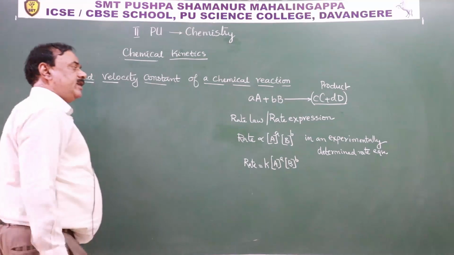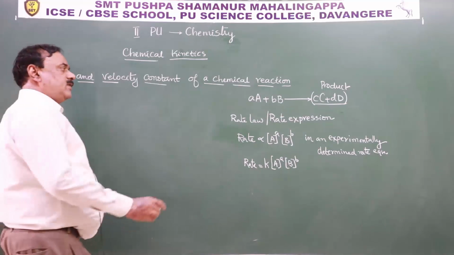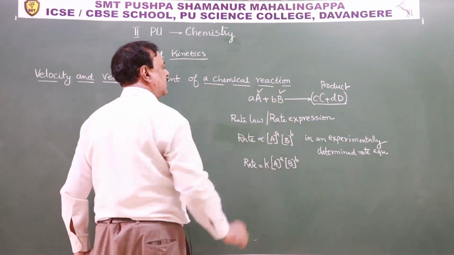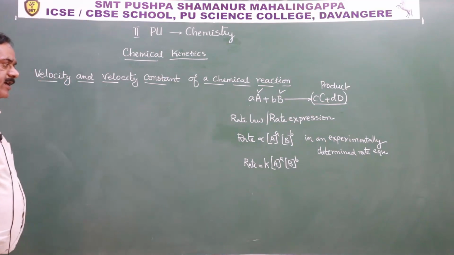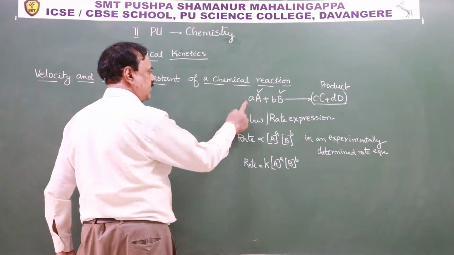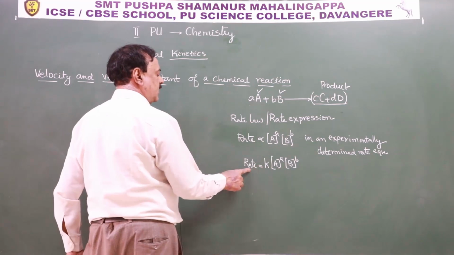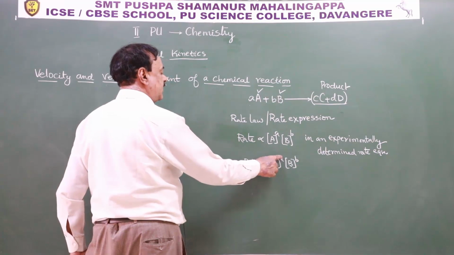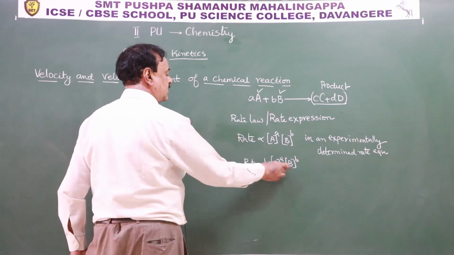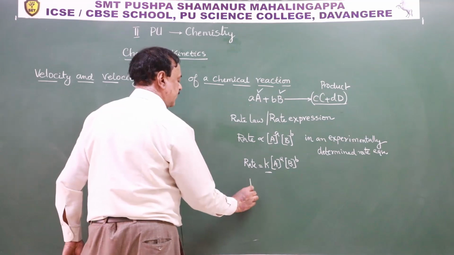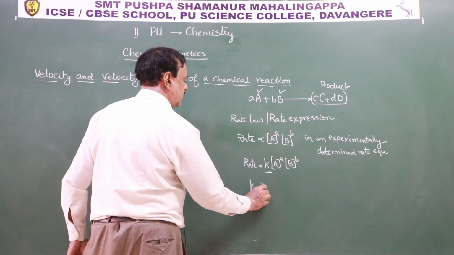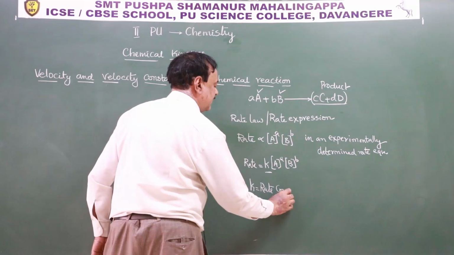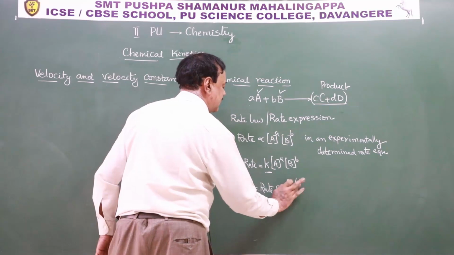In elementary chemical reactions, if the reactants possess coefficients a and b, then the rate equation for the above chemical equation is given by: rate is equal to K into the molar concentration of A to the power of a, into the molar concentration of B to the power of b, where K is the rate constant or velocity constant.